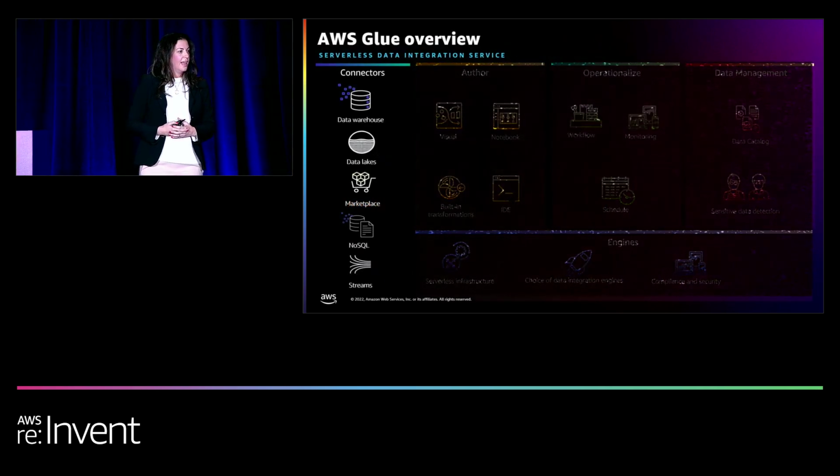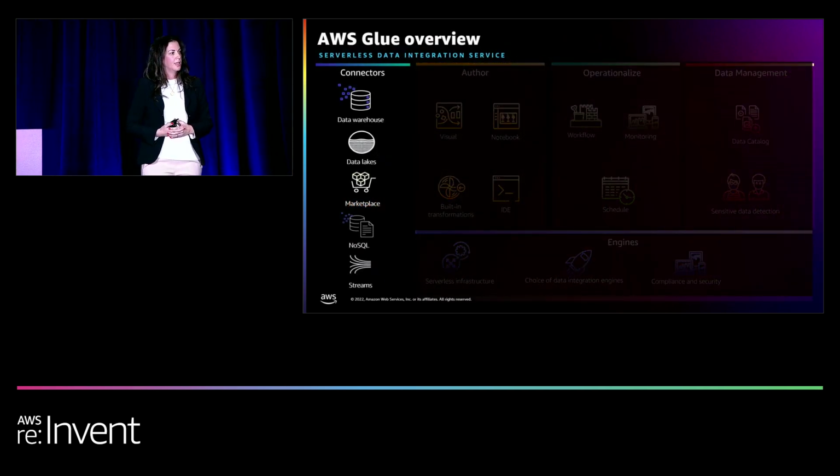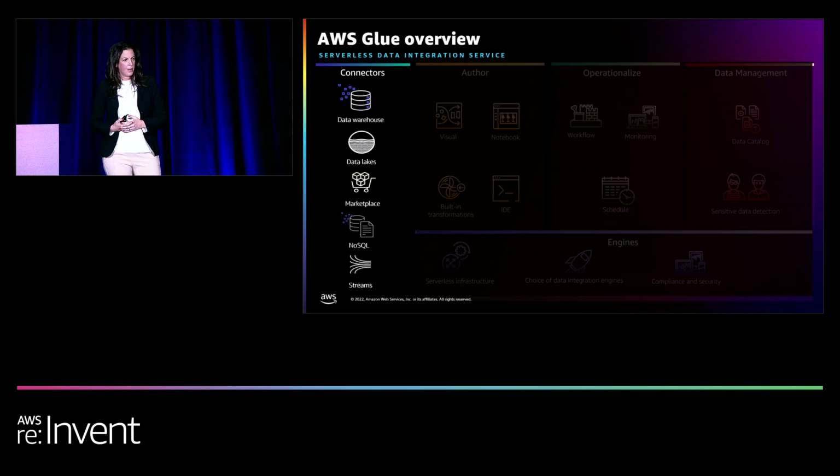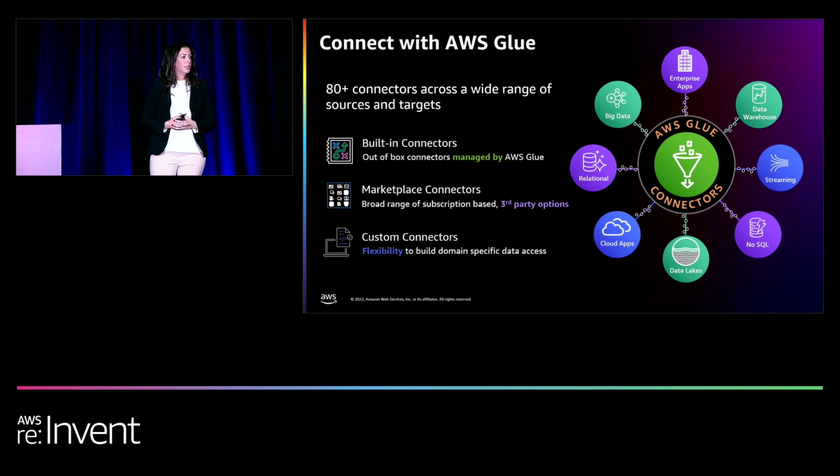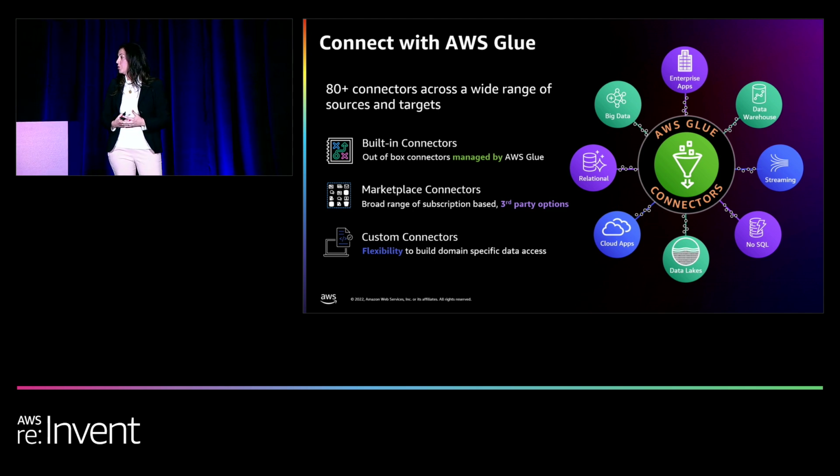The next layer that we have is connectors. We have about 80 plus connectors in Glue, and most of our connectors are bidirectional. We have native connectors, which come with Glue. In addition, we have custom connectors, which many of our customers use if you have custom systems that you want to wrap yourself.